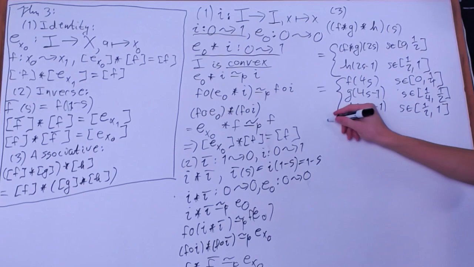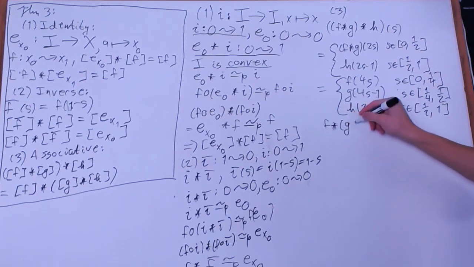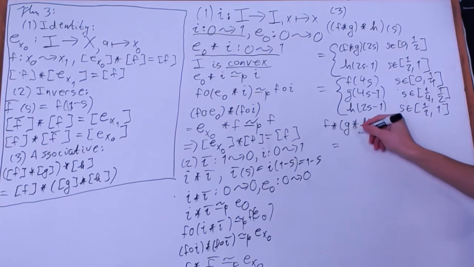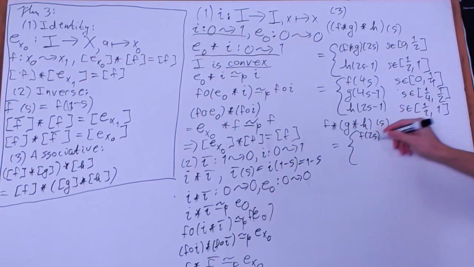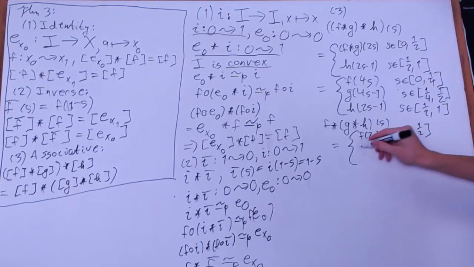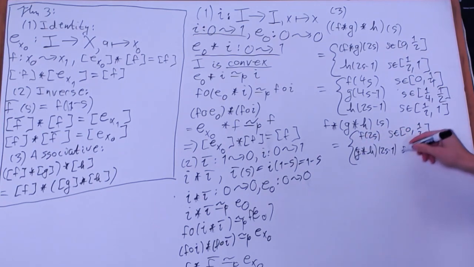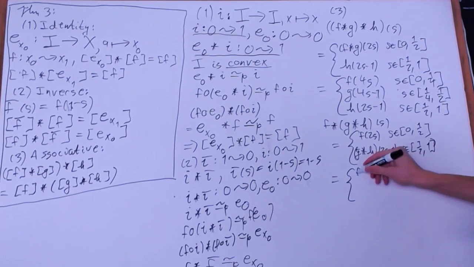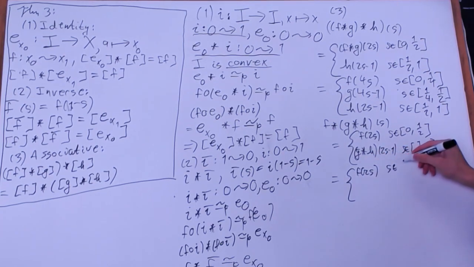Now let's look at what f star in quantity g star h is going to be applied to s. By the definition, it's f of 2s for s between 0 and a half, and then g star h of 2s minus 1 for s between 1/2 and 1. What is this equal to? Well, f of 2s stays the same, between 0 and a half.